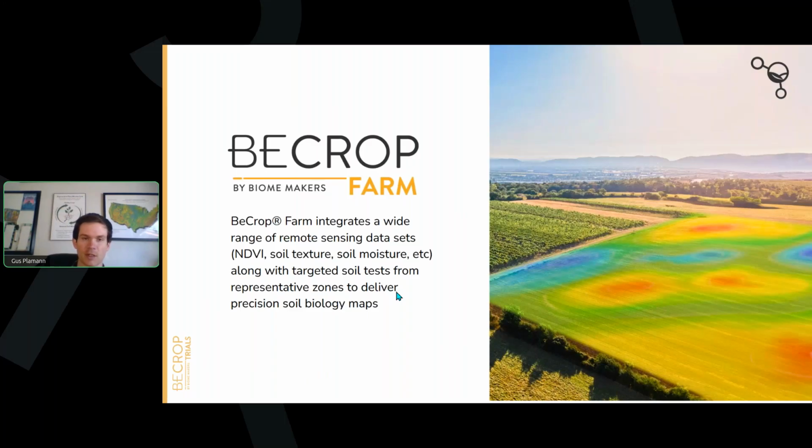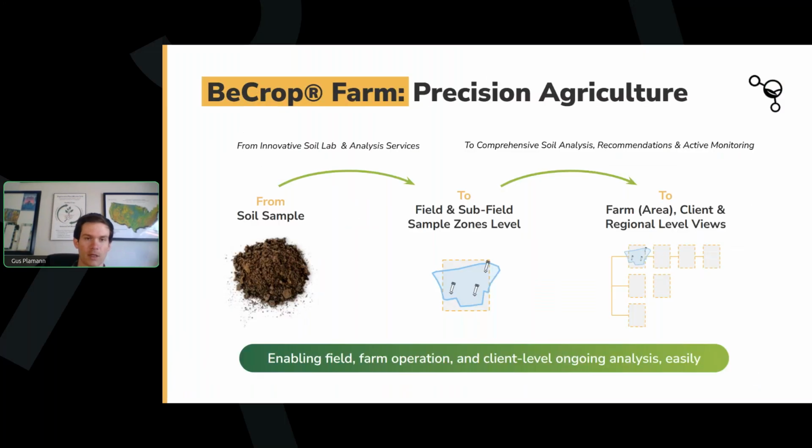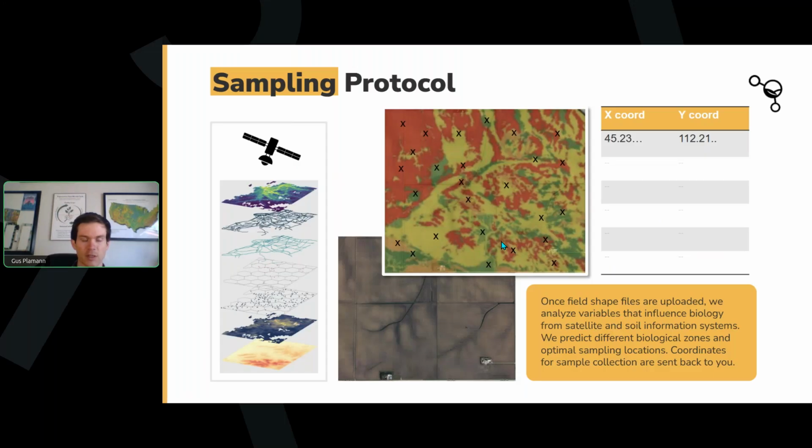that are akin to, say, grid sampling, precision ag soil fertility maps. A little bit more detail on how that's done, and I'm not going to go too deep into detail here, but this is basically an overview of how those satellite layers are looked at. This starts with a field shapefile or boundaries that are uploaded by a Biomakers client.